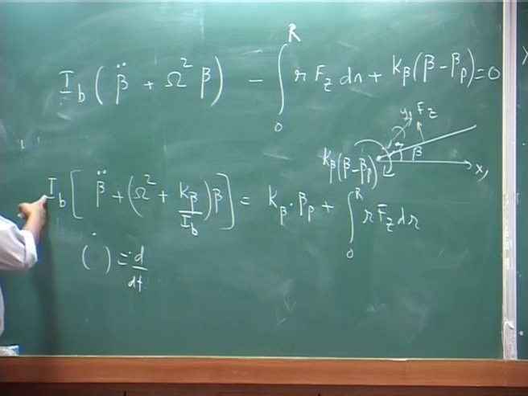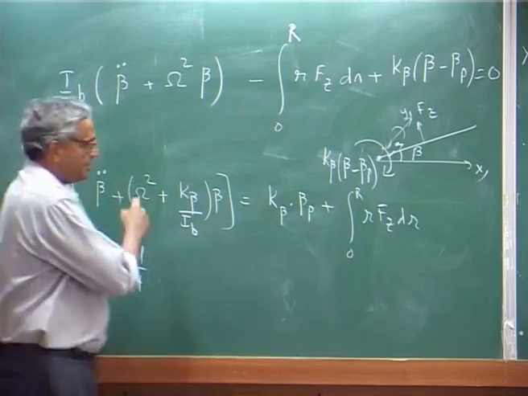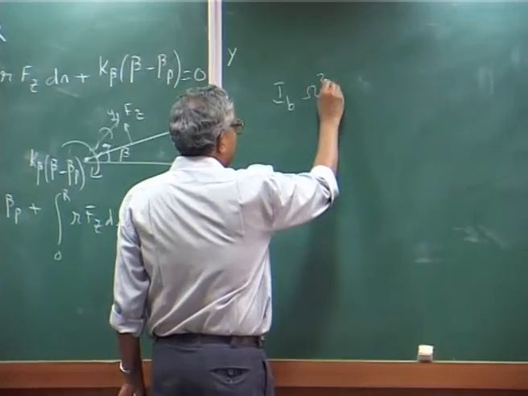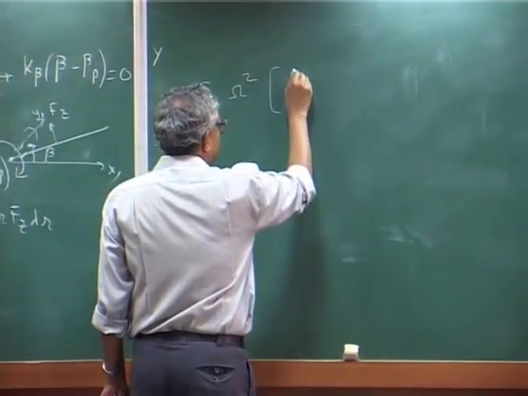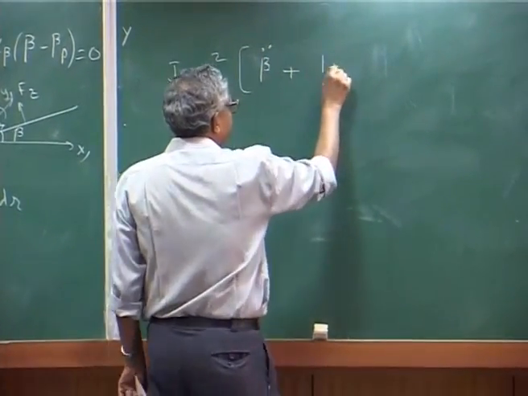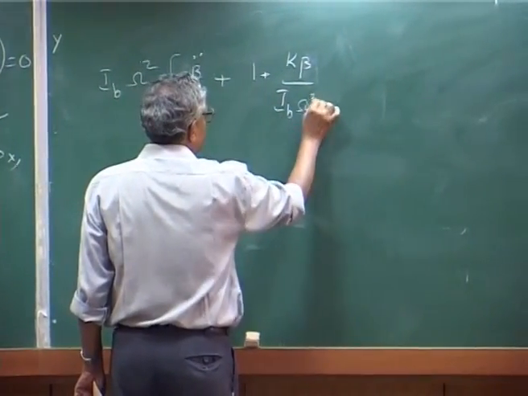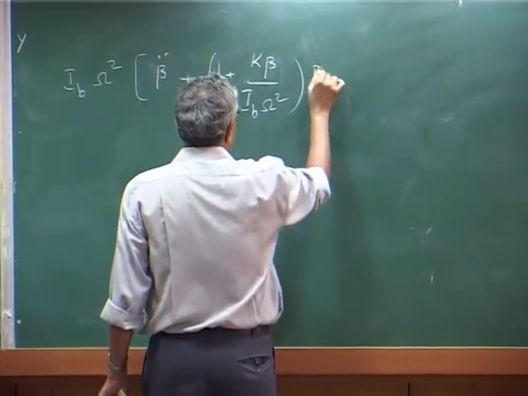So, when I take out the omega square, I_b omega square beta double dot. So, I will have I_b omega square into beta double dot plus 1 plus I_b omega square into beta.